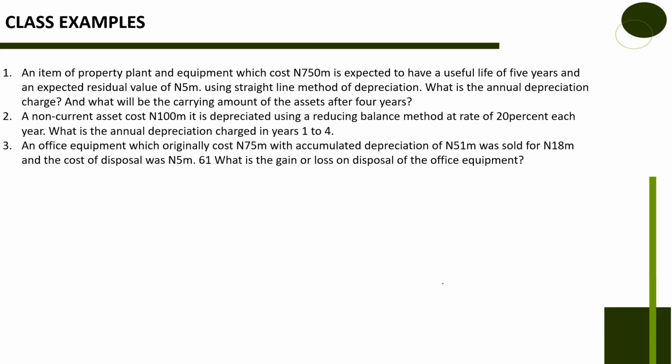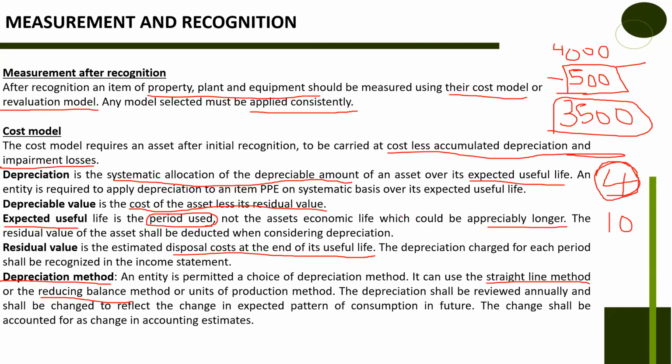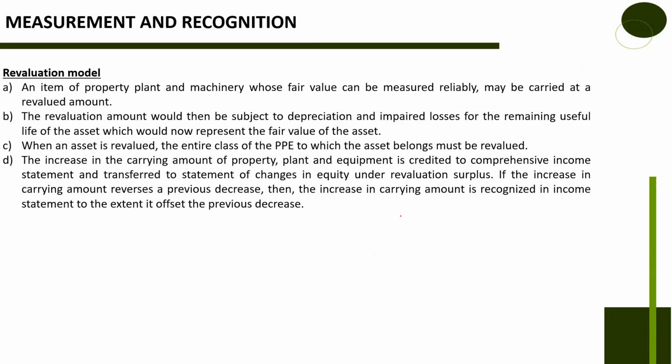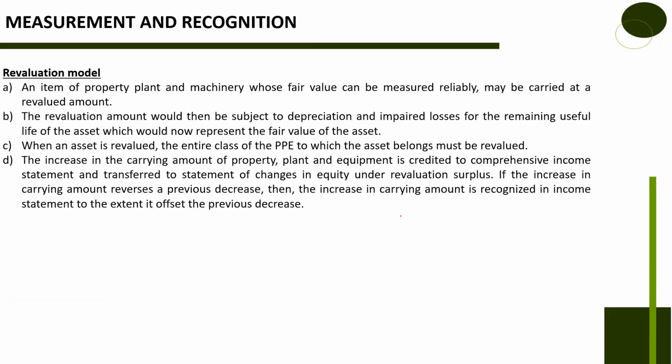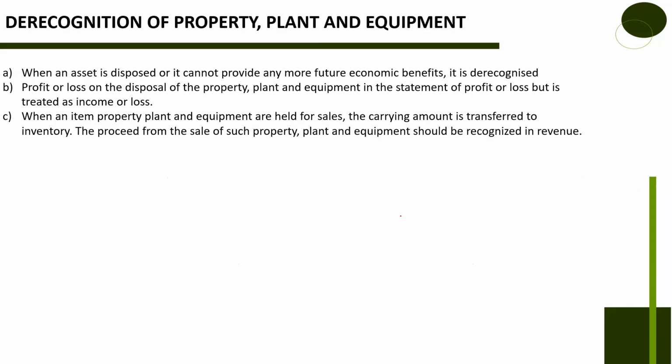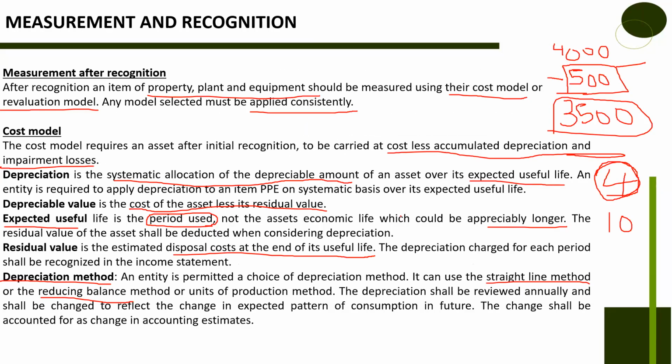So let's just look at this so that we can track where we are at every point. Okay, so let's look at this. This is where we stopped, measurement after recognition, and we're looking at the straight line method or reducing balance method. We'll look at the revaluation method afterwards, so under the cost model, that's what we're still looking at. But let's look at a quick example.